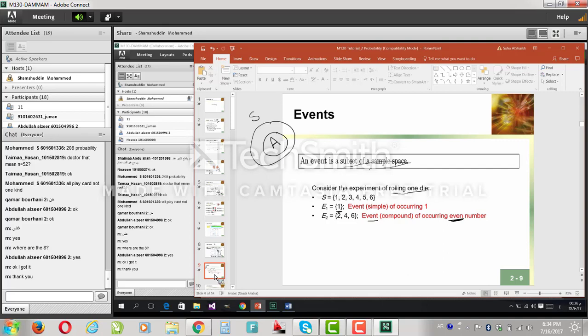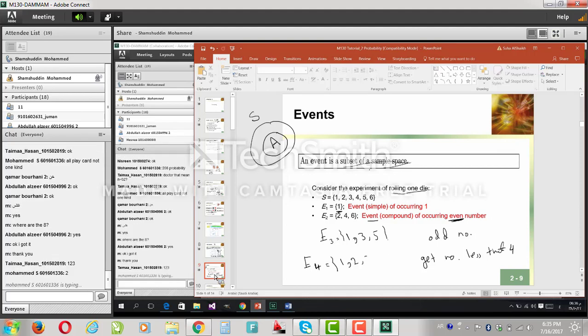If I say my event is getting an odd number, that means having 1, 3, and 5. For E4, getting a number less than 4, what will I have? What do you think?